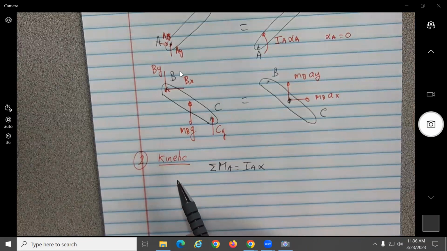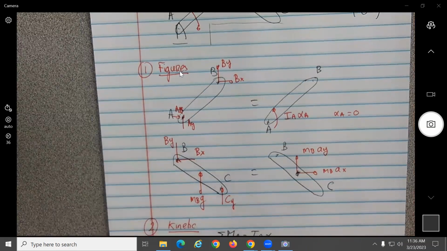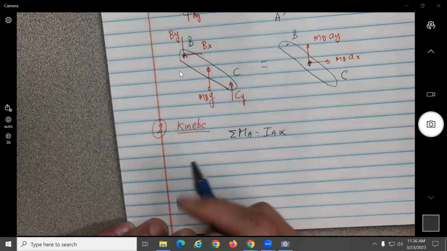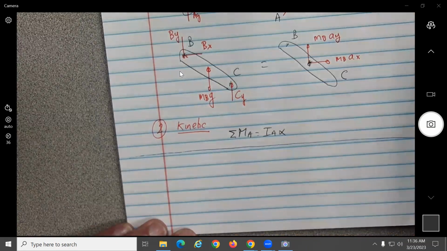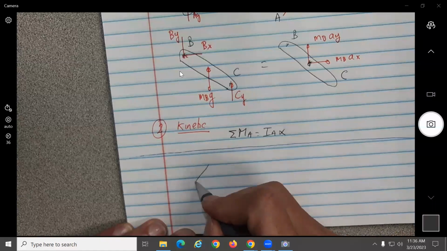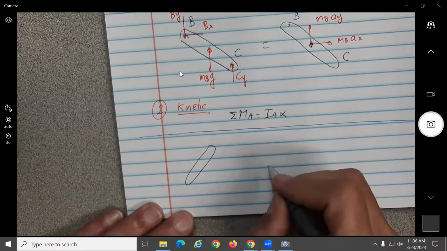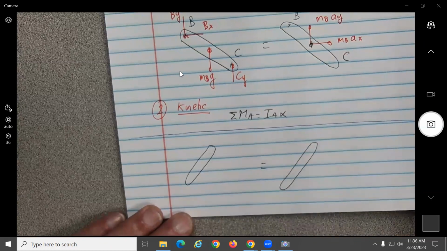Okay. Do you see more or less the process for this one? What I don't know over here is that if this is the way I would do it initially, then if there are not enough equations, you can go to kinetics, okay? But another way to solve this problem, probably a little bit faster, is that when you do a free body diagram of the first one, you kind of do the same thing over here, same as was done on the other two problems.